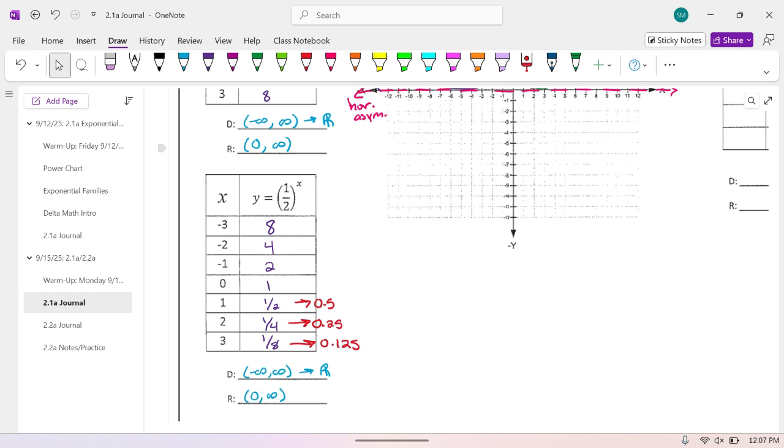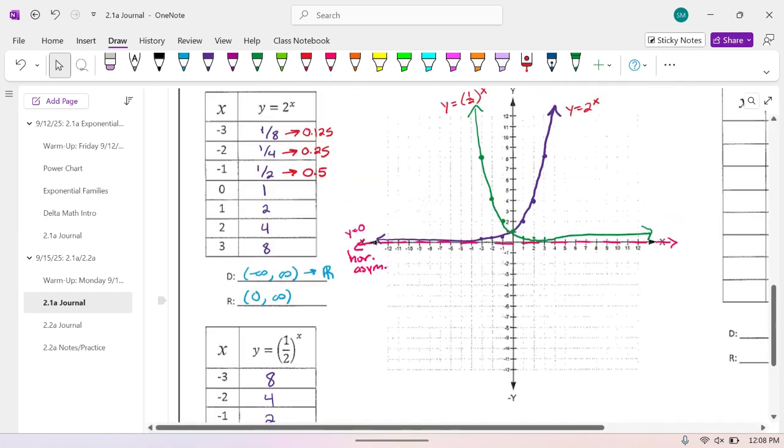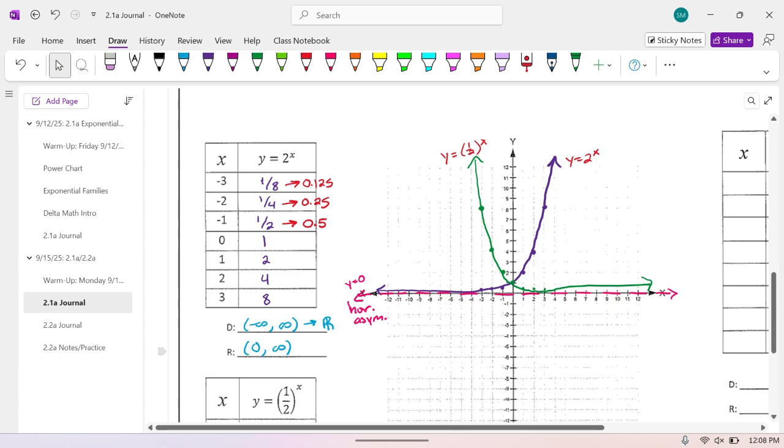And we can tell that because, for example, 1/2 X, first off, the B value is between 0 and 1. Second off, if you look at the Y values, they're getting smaller as the X values are getting bigger. If you look at 2 to the X power, first off, B value is greater than 1, and the Y's get bigger as the X values get bigger.